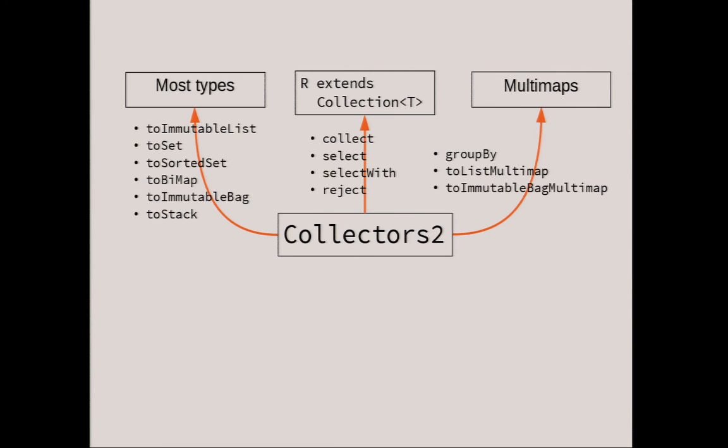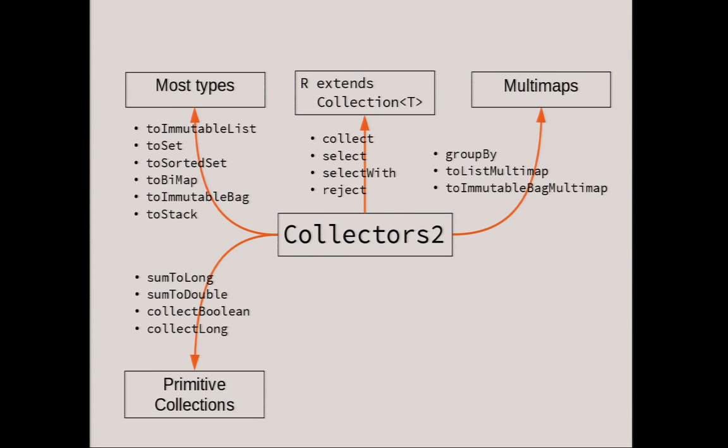There are several grouping-type collectors which do a grouping by key, producing some kind of multimap. Is a multimap a clear notion? Just say it's a map of a key to a set of values, right? It's always not a single value, but a set of values. There are several which produce either primitive collections or just a single primitive type, like summing to some primitive value, or mapping to a primitive collection.